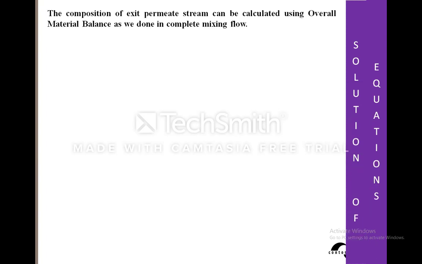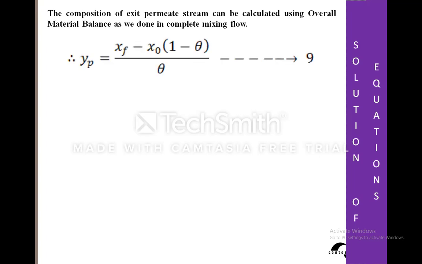So let's see how we can calculate the composition of the exit permeate stream, which is your Yp, as we have done in our complete mixing using the overall material balance. The overall material balance will not change, whether cross flow or counter flow or complete mixing, because when you're talking about the overall material balance, inlet equals outlet.